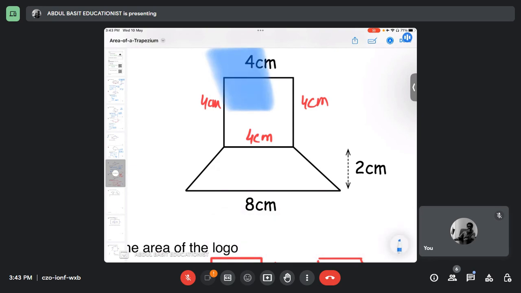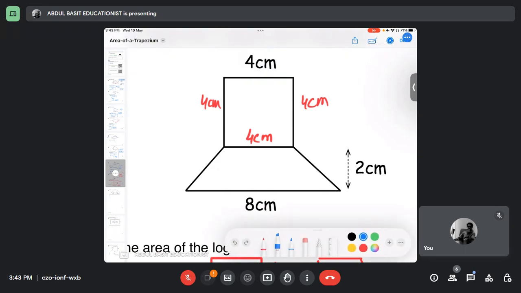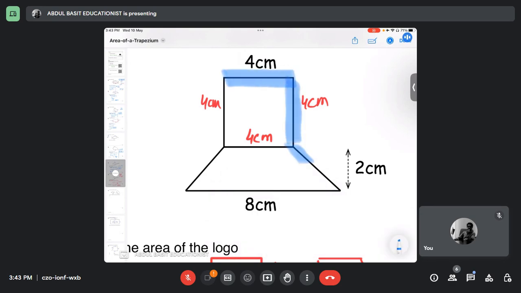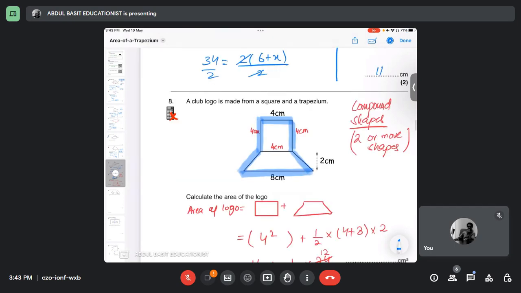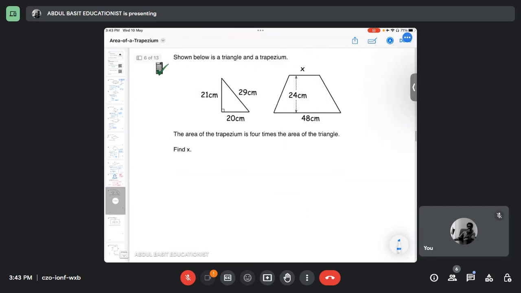So we have to add this 4. Perimeter is the sum of the boundary. The inner 4 is not in the boundary, so it is not in the perimeter. Okay?